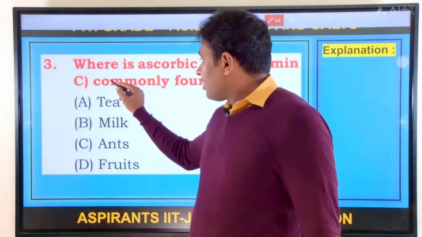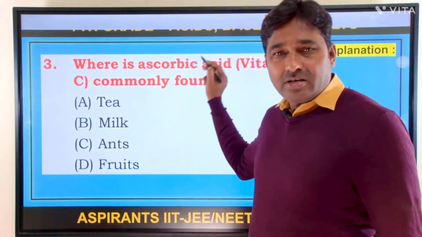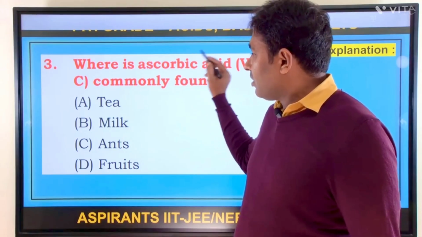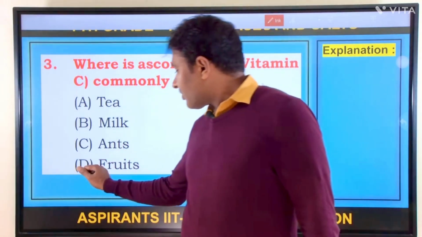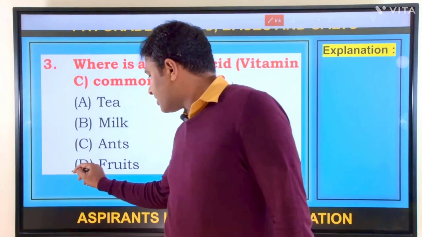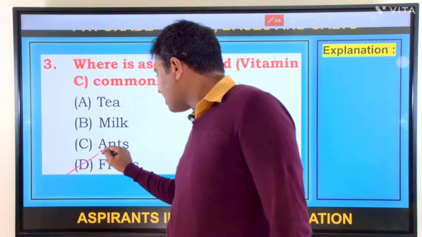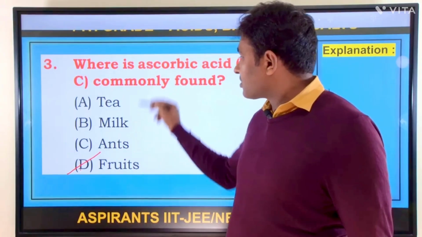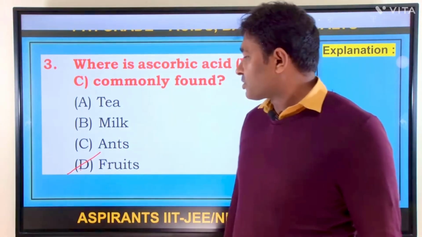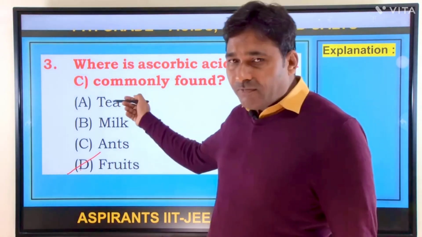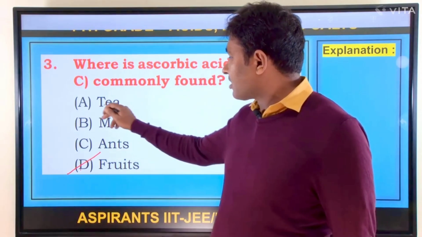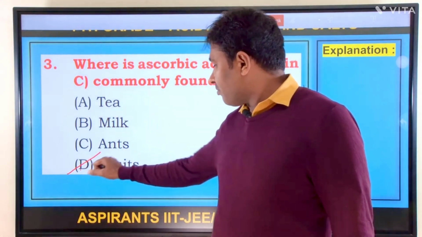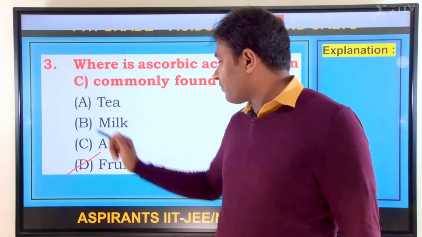Vitamin C is available more in fruits, because all citrus fruits contain vitamin C. Fruits are the good source of vitamin C. A little amount of ascorbic acid is also available in tea leaves, but the main source of vitamin C is fruits.